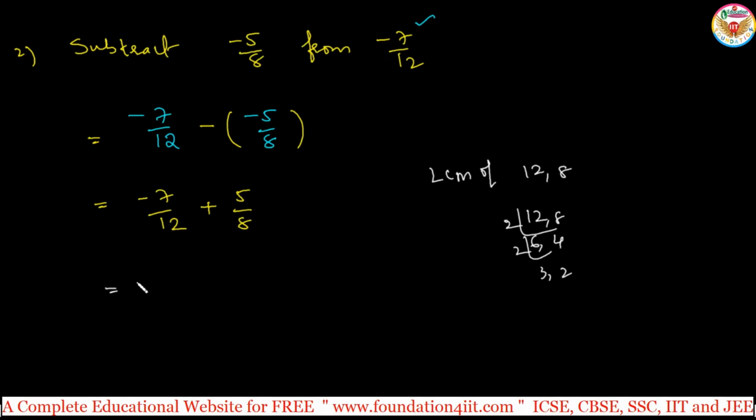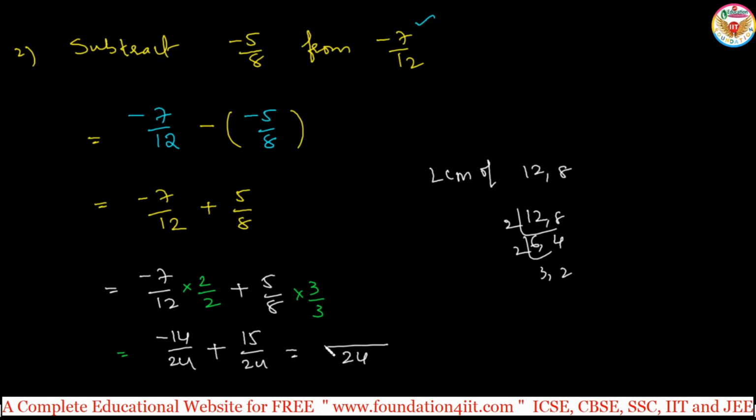So to make this as 24: minus 7 by 12 plus 5 by 8. To make 24 the LCM, multiply by 2 by 2, and this by 3 by 3. That we should know clearly to do the subtraction. Minus 7 into 2, minus 14 by 24, plus 5 3 is a 15 by 24.